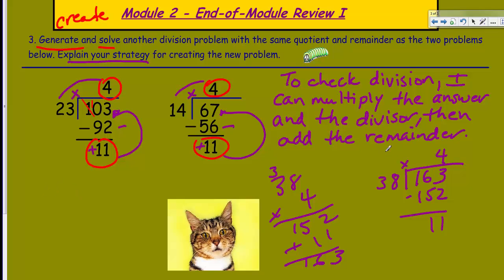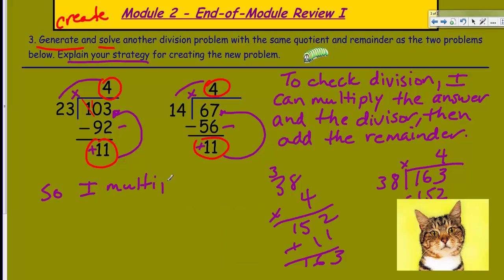So the last part that I would say here in my sample, since this is my general, I'm going to go ahead and answer it this way. So I multiplied, because this is what I did, and I need to make sure I explain my reasoning if it asks me to explain your strategy. So I multiplied, in my case, 4 times my number, which was 38.